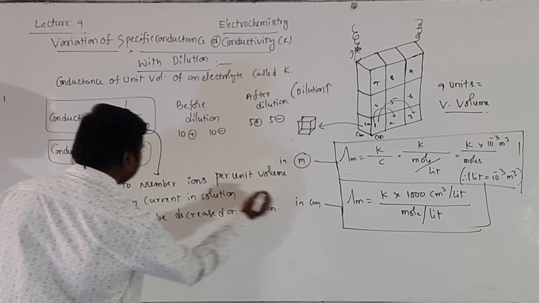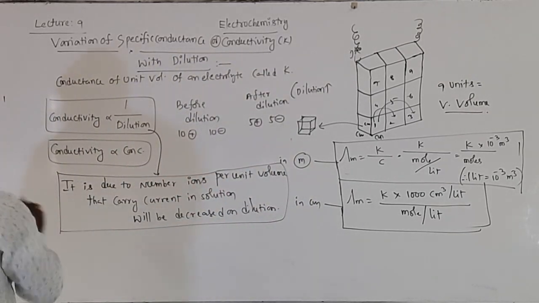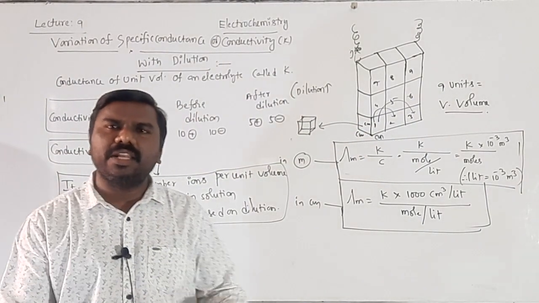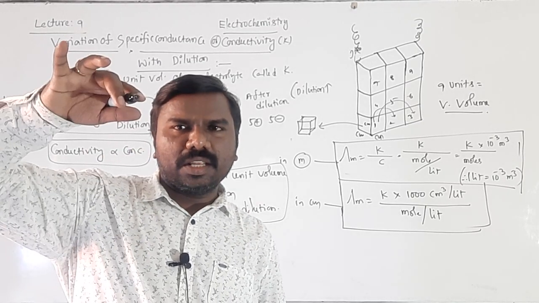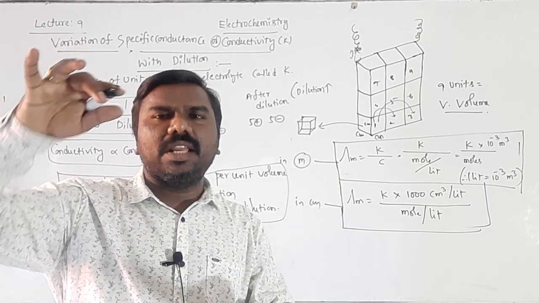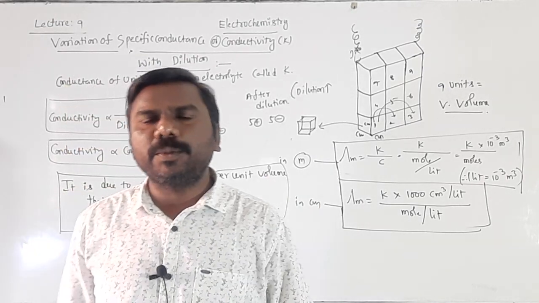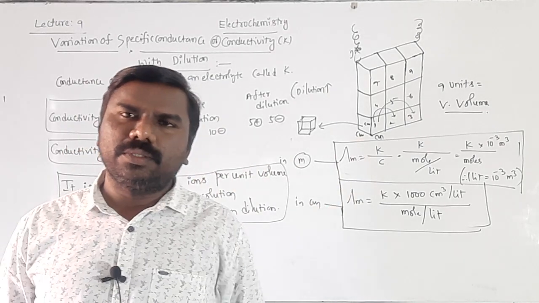Simply by dilution, number of ions per unit volume will decrease, conductivity also decreases. Dilution increases, conductivity decreases. That's why inversely proportional. Dilution is inversely proportional to concentration. That's why conductivity is directly proportional to concentration.